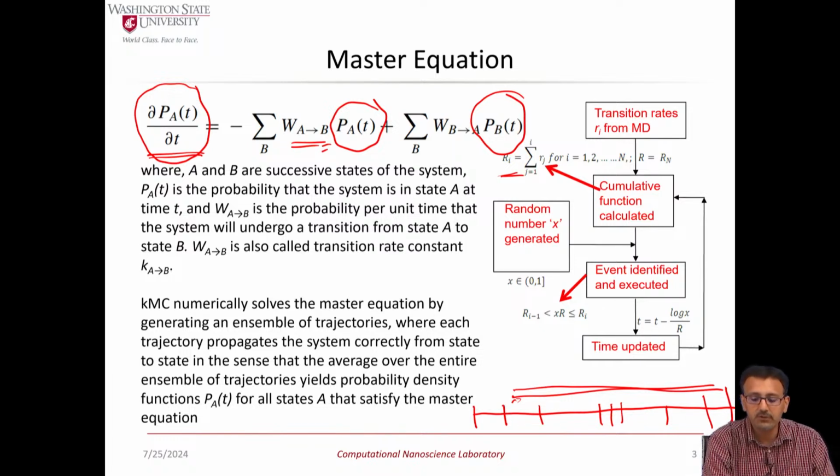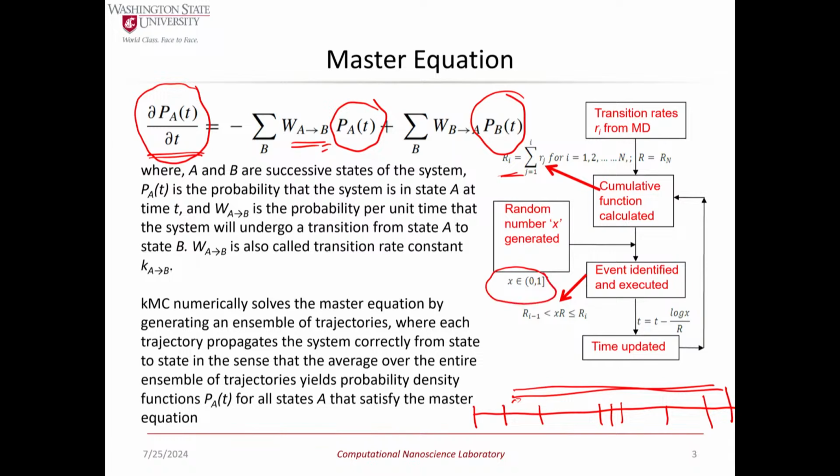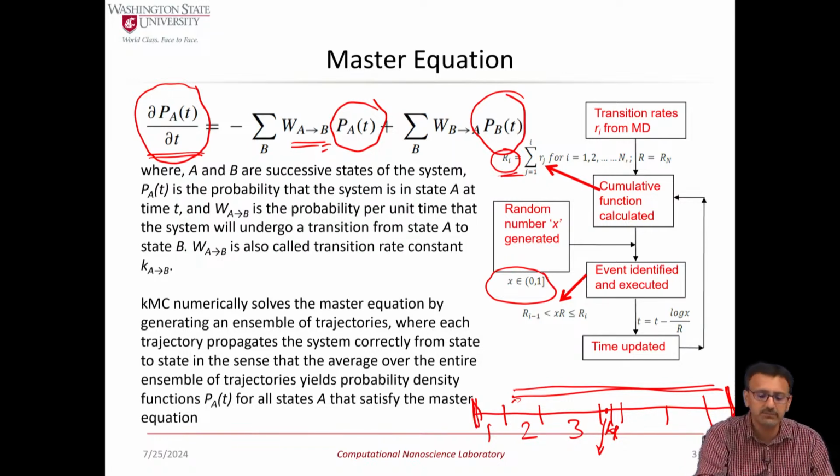If you use a random number generator and multiply it with this total value of the transition, which captures the length of this line, essentially what you are doing is coming up with a location for this random number, from which you can then pick, let's say this is event 1, 2, 3, 4, etc. Depending on what random number you have generated, you can pick this particular event and proceed with it, and therefore evolve the system from the initial state to the next state through this algorithm.